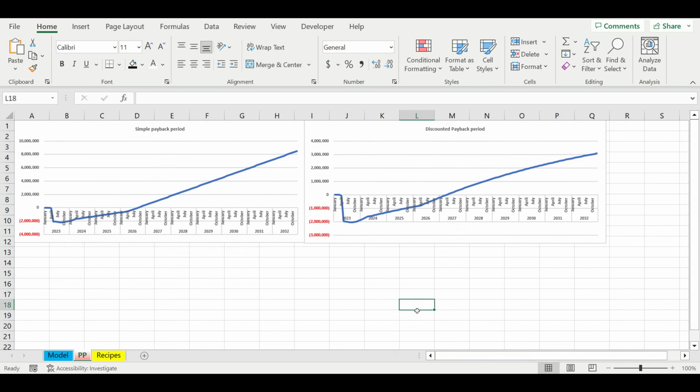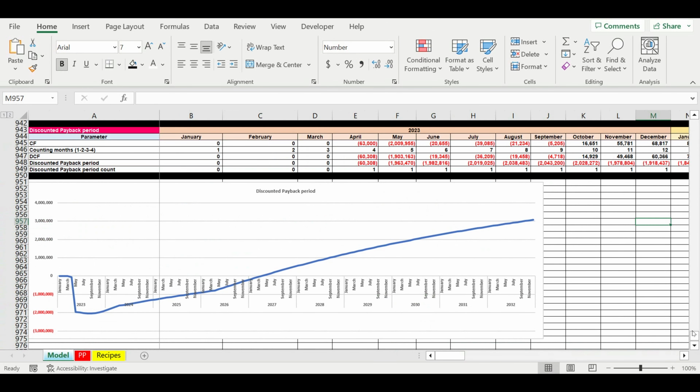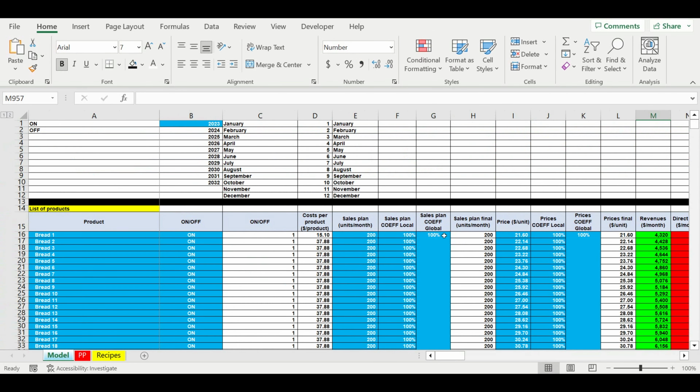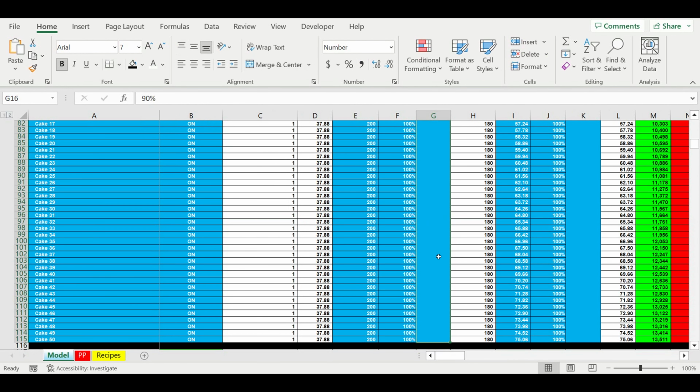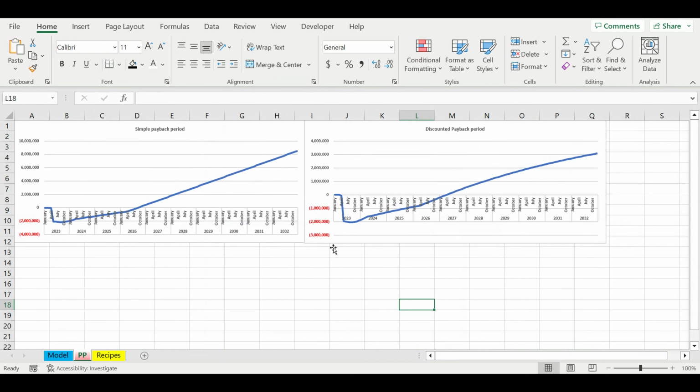So what we can do, we can quickly create scenarios. For example, what will happen if the sales plan will be 90% of today's values. We can go here, see what will happen with these diagrams.